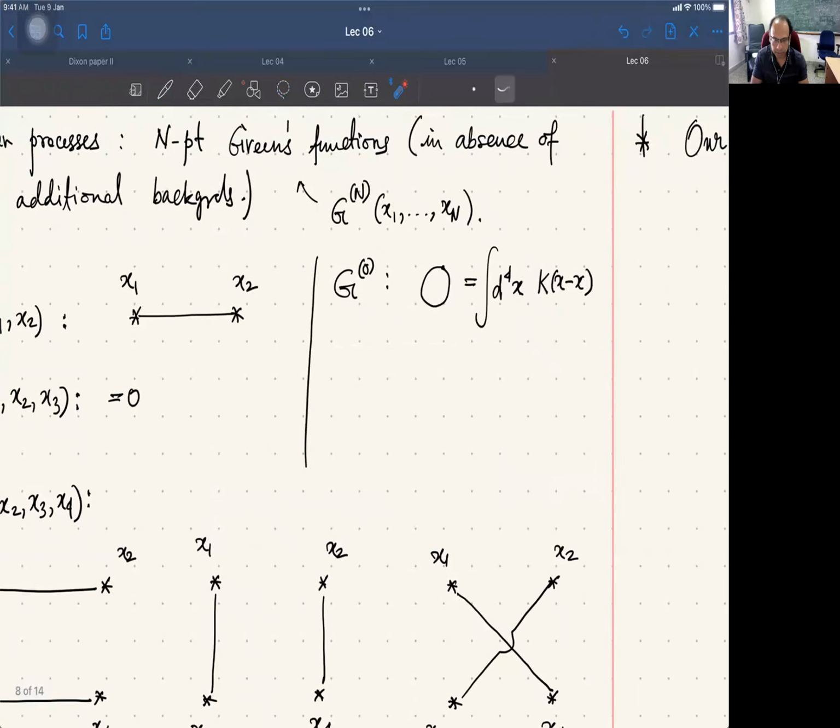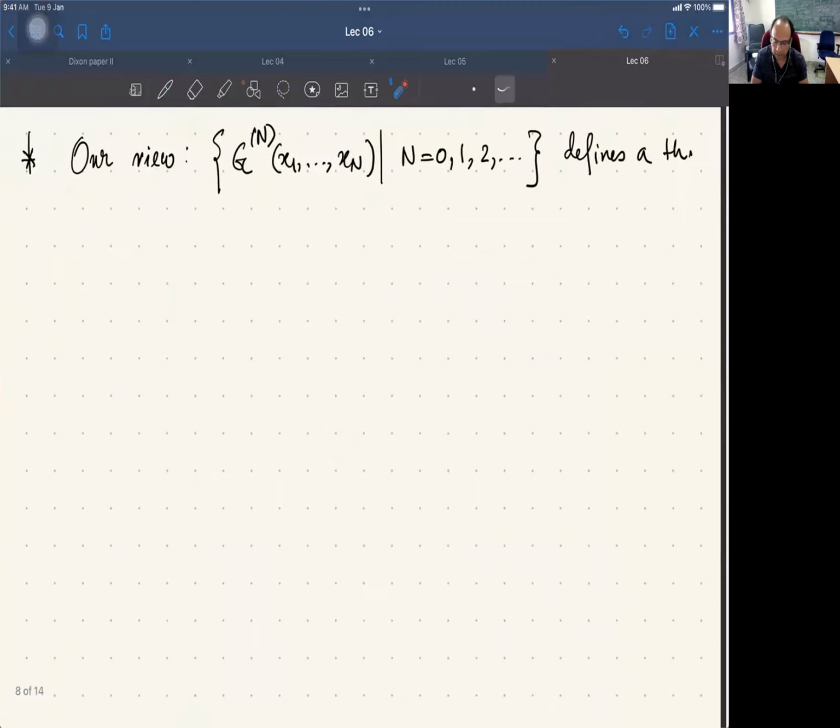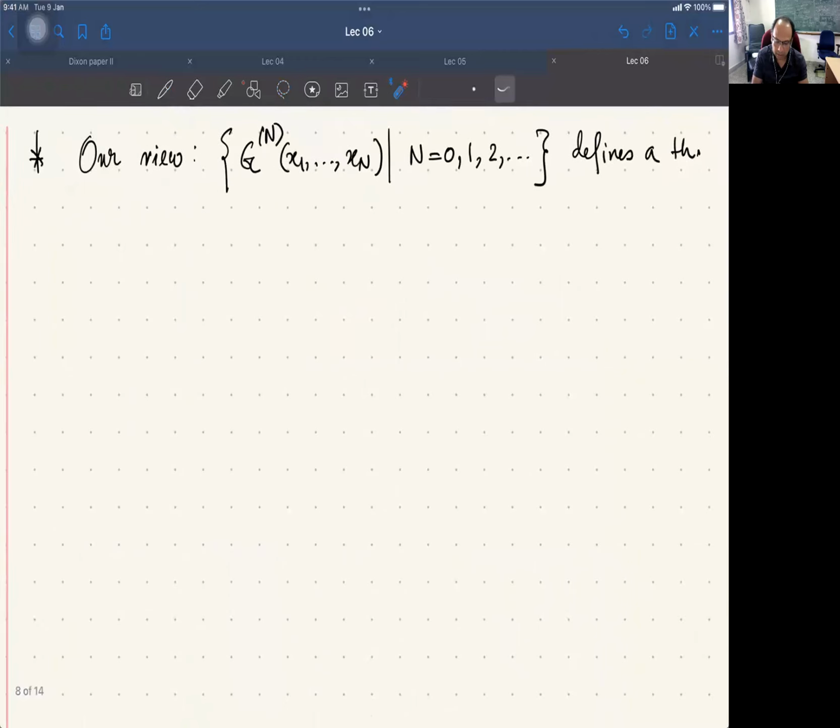That discussion will be done separately later on at a more advanced level. Because of these subtleties, these complications, I eliminated G0 in the earlier discussion, but we have to actually keep that, because that is a definition. The full set of GNs is the definition of the theory.